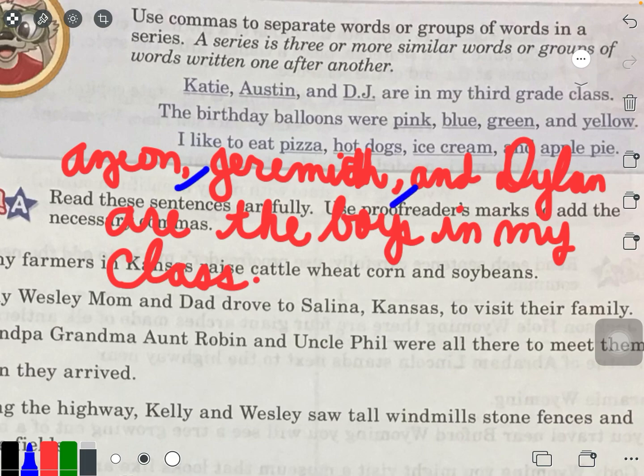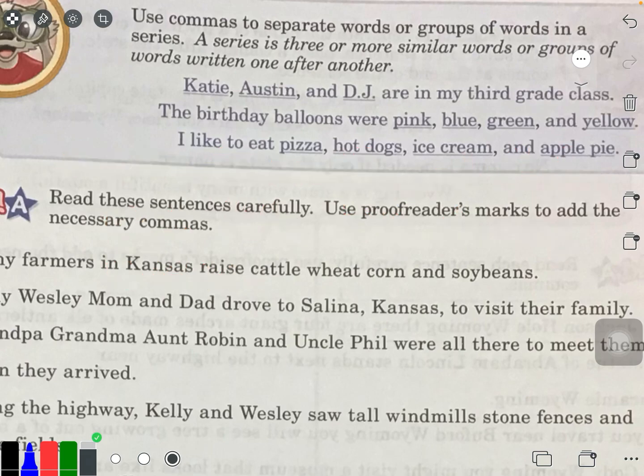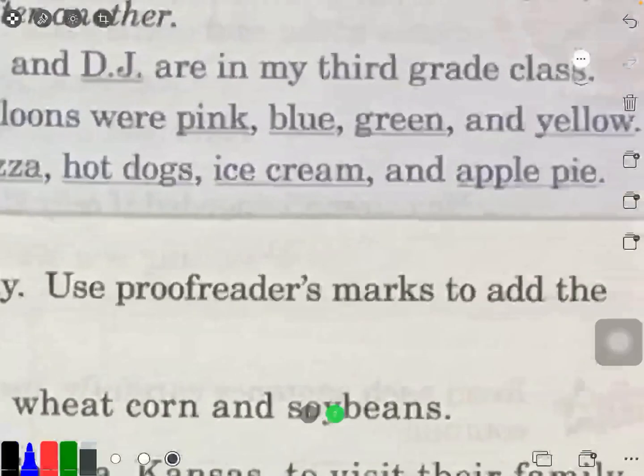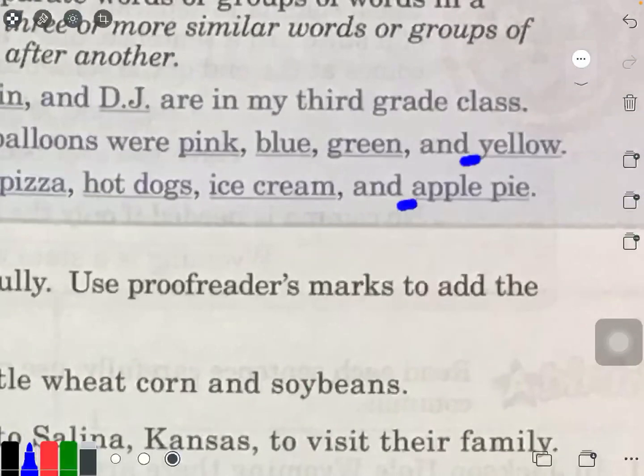Azion, comma, Jeremiah, comma, and Dylan. Now, I don't need a comma after the word and. I don't need a comma here because and is not part of the items that I'm listing. Notice that too with the others. There is no comma after and because and is not an item to be listed.